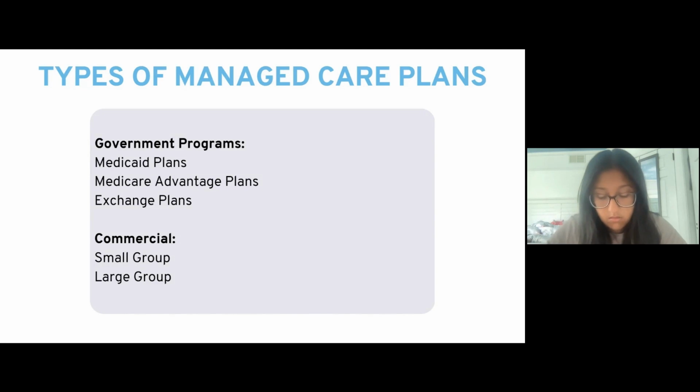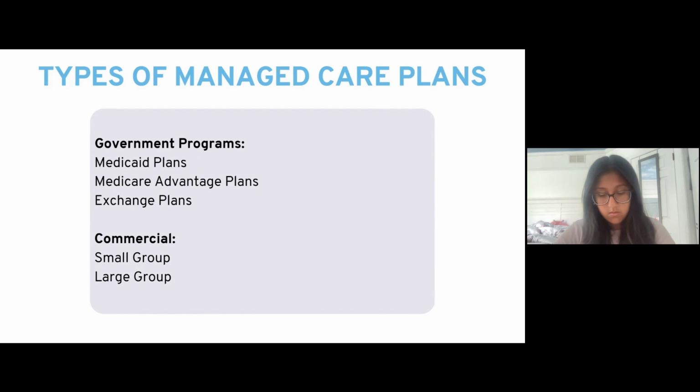So I'm not sure if many folks would recall a term called Obamacare back in 2008, 2009. Actually, around 2013, there were legislations around expanding the access of health insurance to not just folks that fall under the Medicaid category or Medicare Advantage category or just commercial, but to also expand coverage to folks who don't necessarily fall in any of these buckets, but do need health insurance, and that's a significant number.